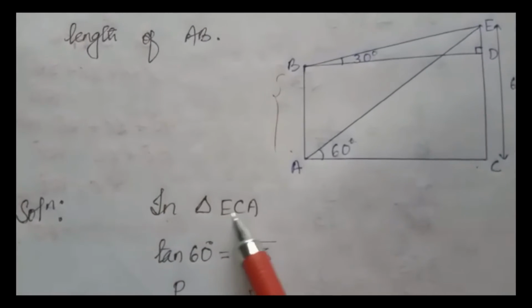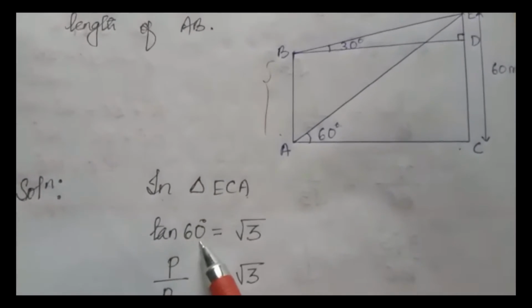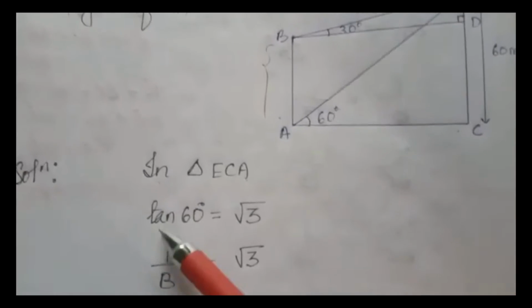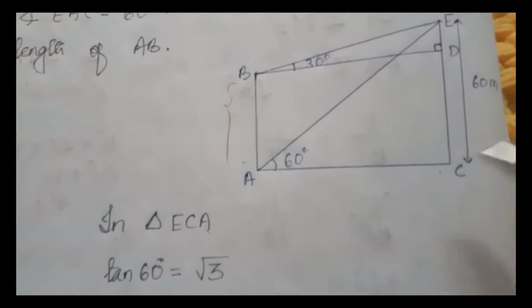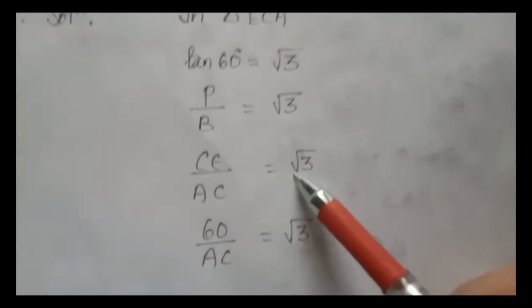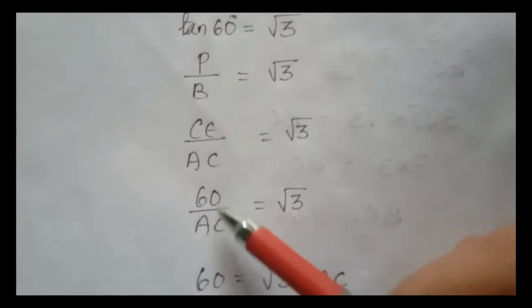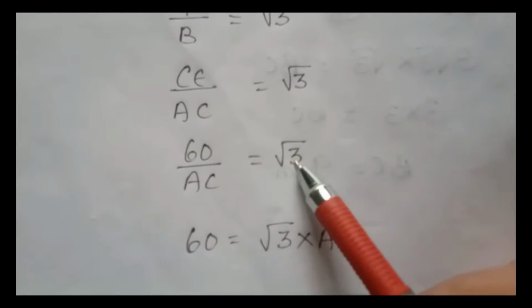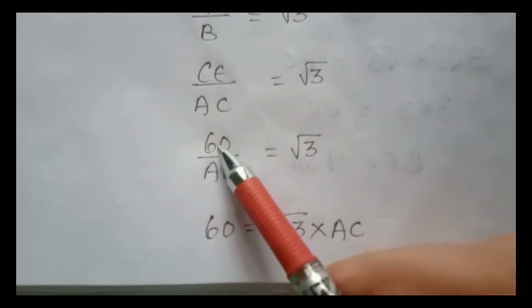So in triangle ECA, tan 60 degrees, tan theta. Tan 60 is root 3. Perpendicular is EC, base is AC. Root 3 is equal to CE, given 60, by AC. So AC into root 3 is equal to 60.